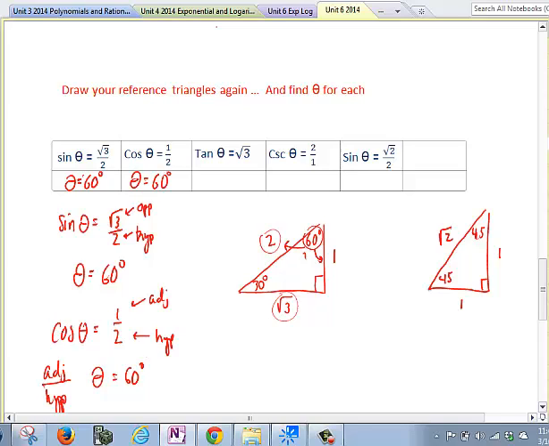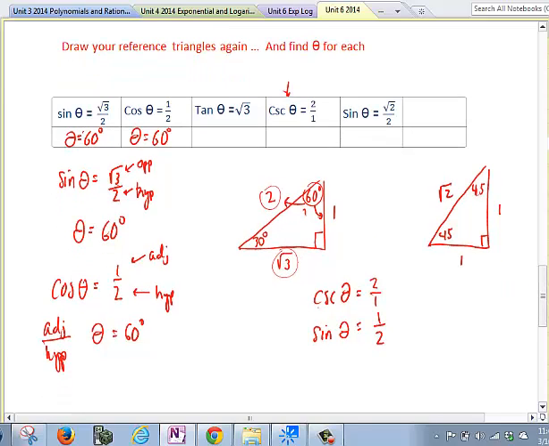The last one is, let's try cosecant is 2 over 1. So if cosecant of theta is equal to 2 over 1, then you have to change that to sine first because they're reciprocals, giving 1 over 2. And then you look for the angle that has an opposite side of 1 and a hypotenuse of 2.